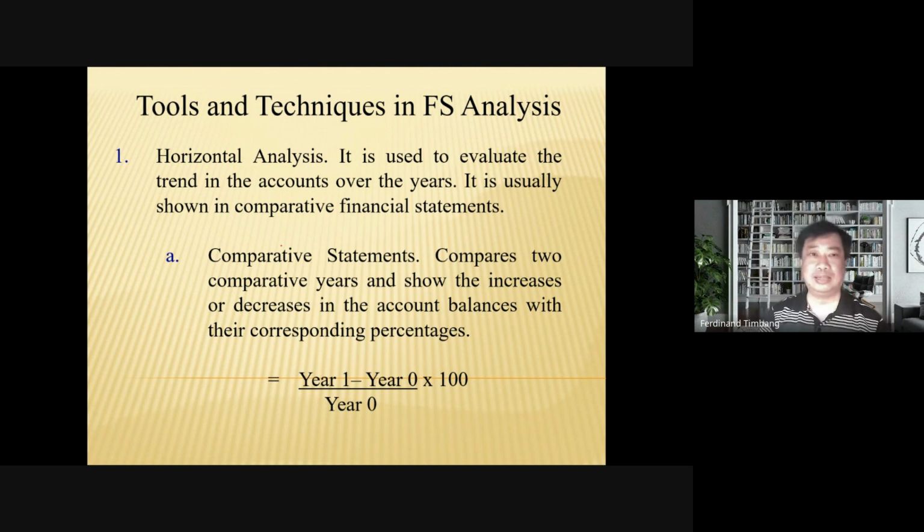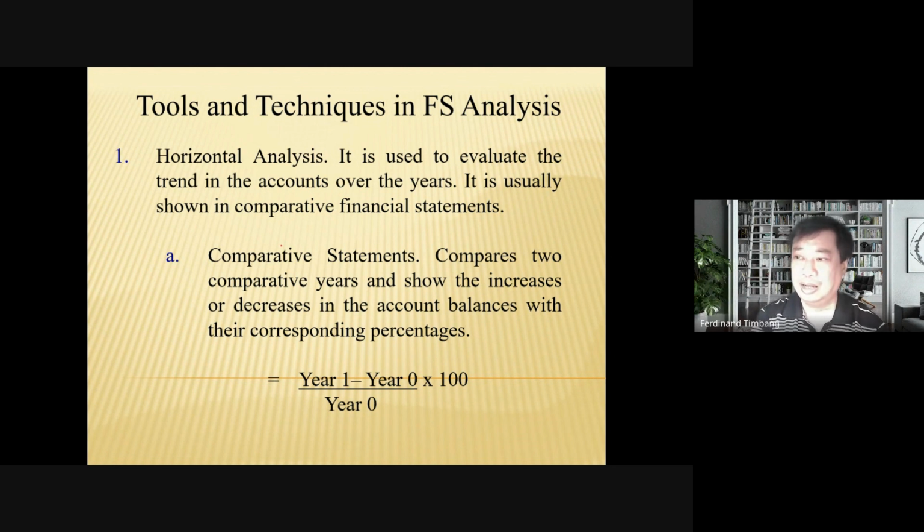Okay, so the horizontal analysis is used to evaluate the trend in the accounts over the years, and it is usually shown in comparative financial statements. In the horizontal analysis, meron tayong tinatawag na comparative, and the other one is the trend ratio. When we use the comparative statements, we are only using 2 years for comparison, 2 years lang ng 2 years yan.